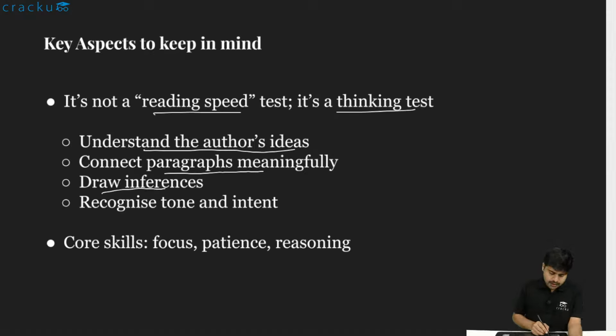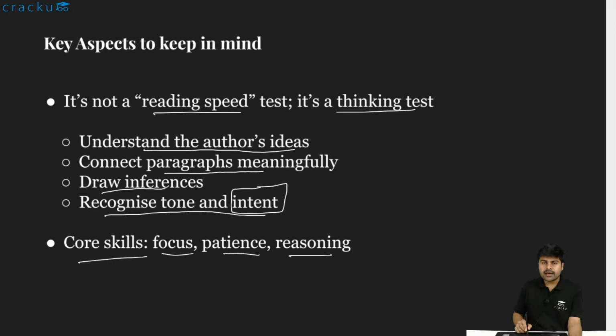right? Then comes recognizing tone and intent. Intent as in the intention of the author who has written something. How do we recognize the tone and the intent of the author? The core skills that reading comprehension focuses on are focus, patience, and reasoning. It tries to see whether you can reason based on certain information provided.